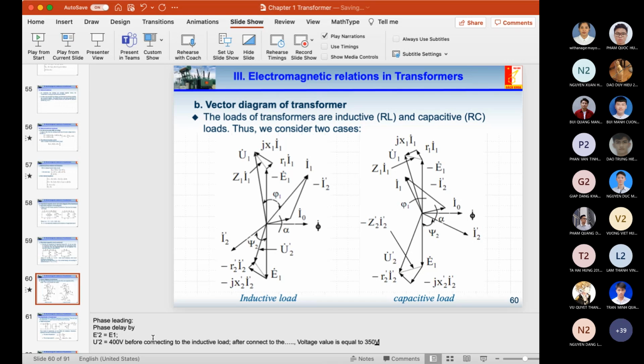You can see the values before and after here.